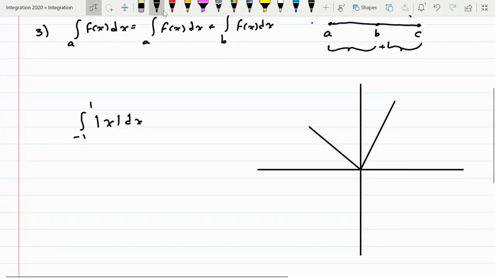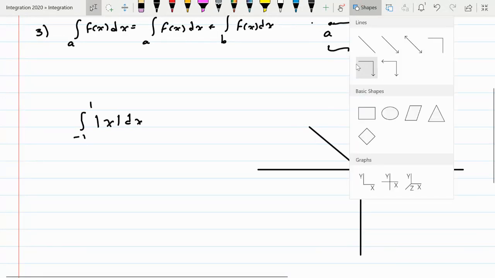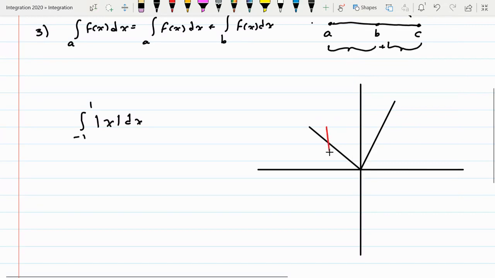Looking at this one, as we said last time, the integral is the area. So in this case, from -1 to 1, I'm talking about this area and this area over here.